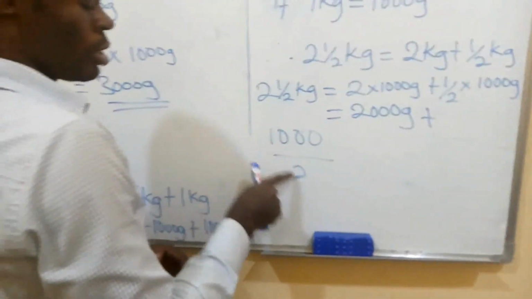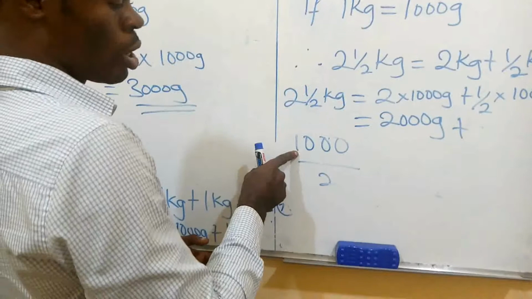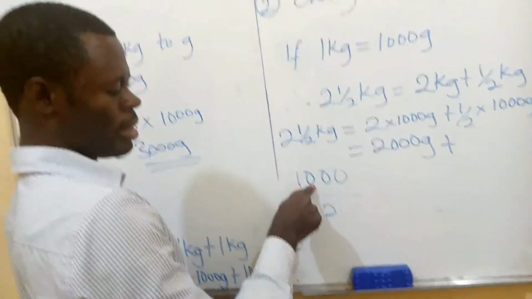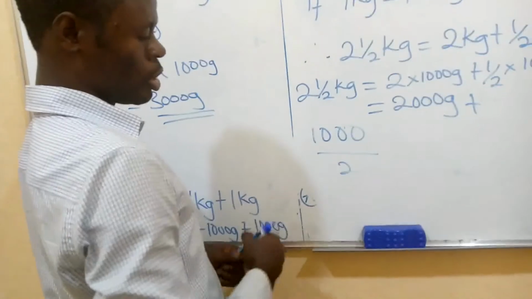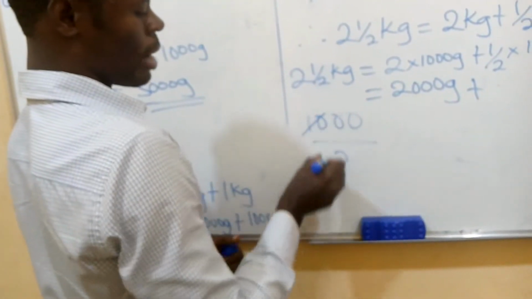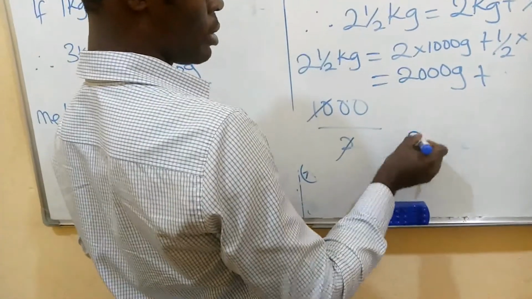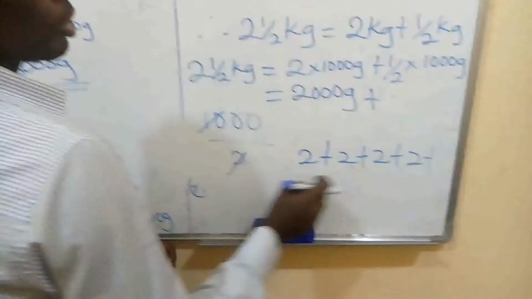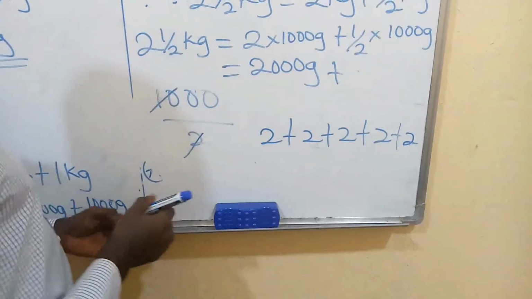So you start your division from there. We have here 1 divided by 2, which is not possible because 1 is less than 2. So now you add the next digit to the first one, making it 10. So now it's 10 divided by 2. How many 2's do you have in 10? 2 plus 2 plus 2 plus 2 gives us 8, plus another 2 makes it 10.